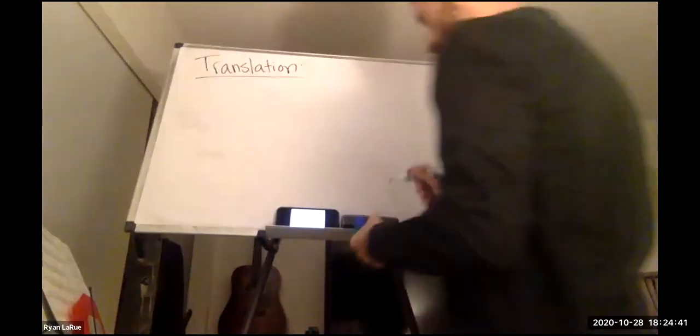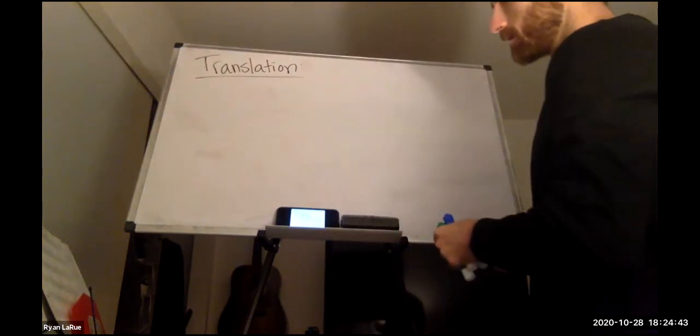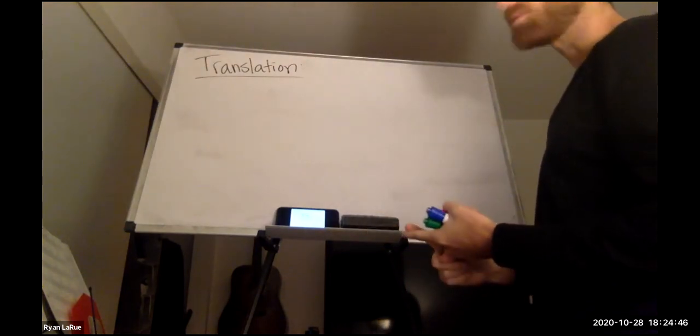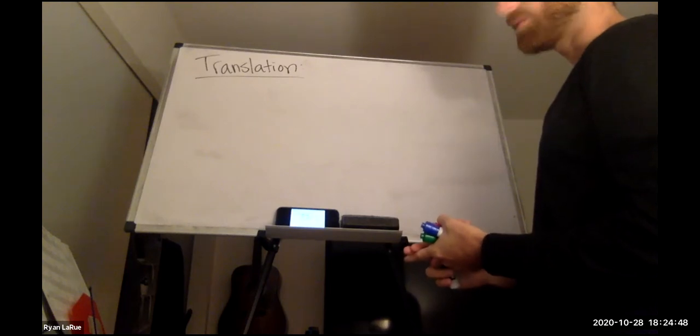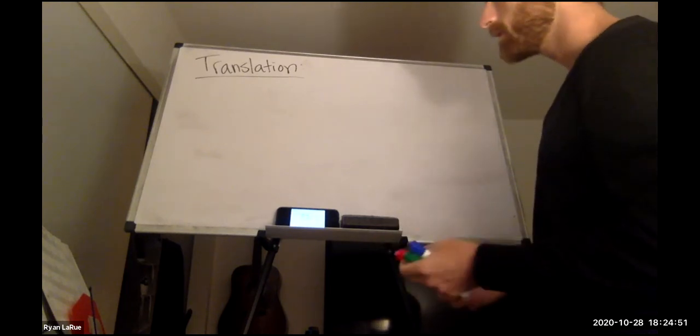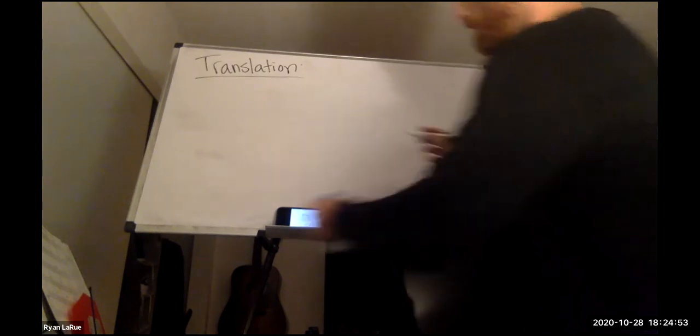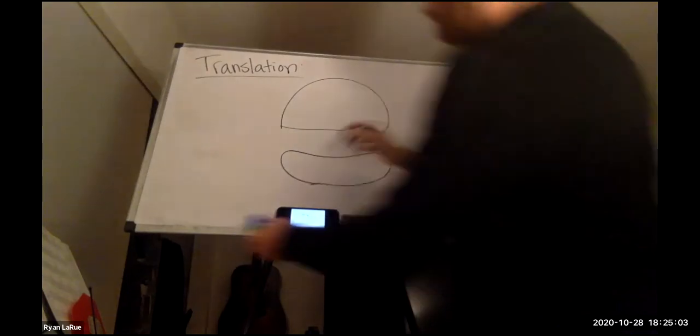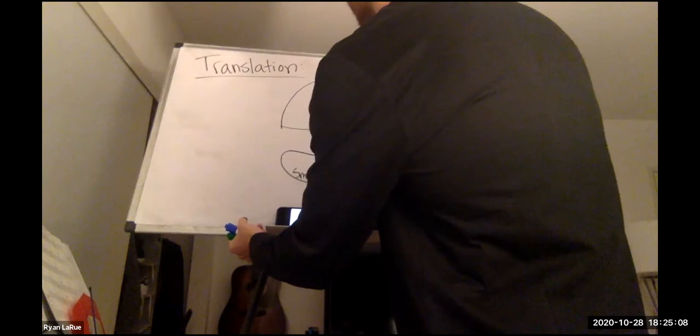So, the translation process. Like I said, we're at the ribosome. So we've left the nucleus. Remember, there are free-floating ribosomes, and there are also ribosomes on the rough endoplasmic reticulum. They kind of look like hamburgers. There's a small ribosomal subunit and a large ribosomal subunit.